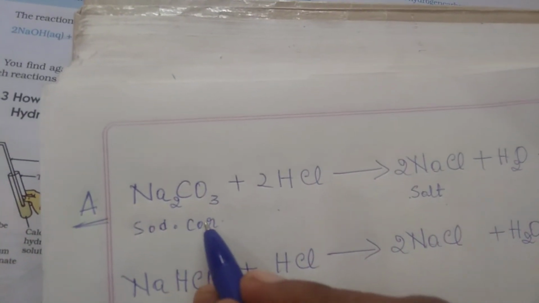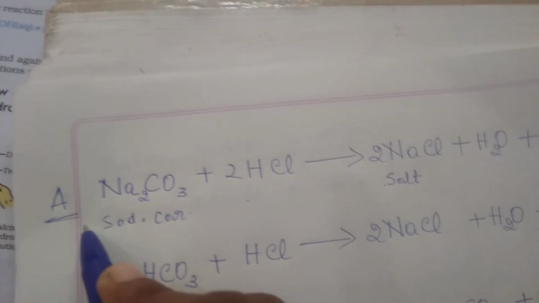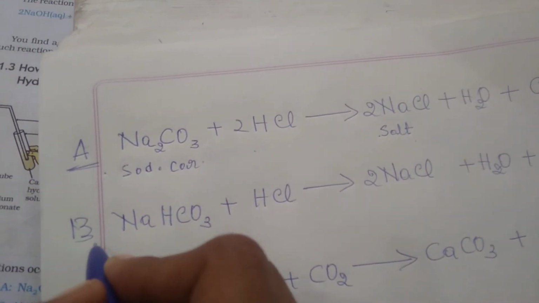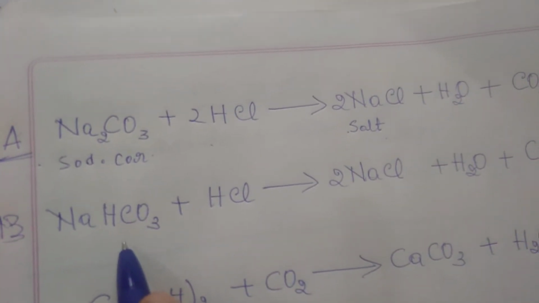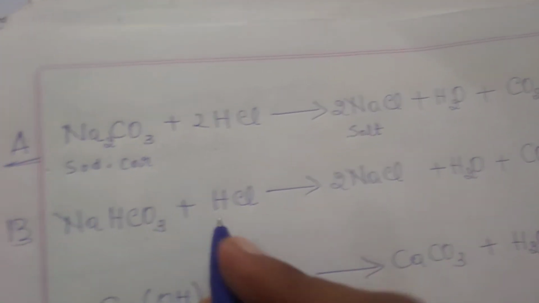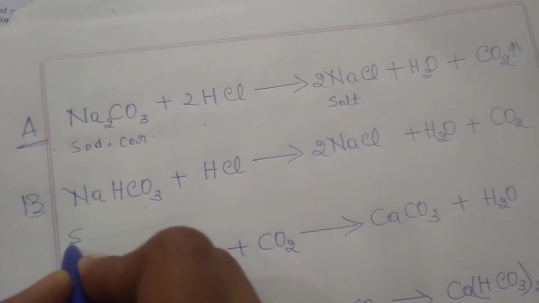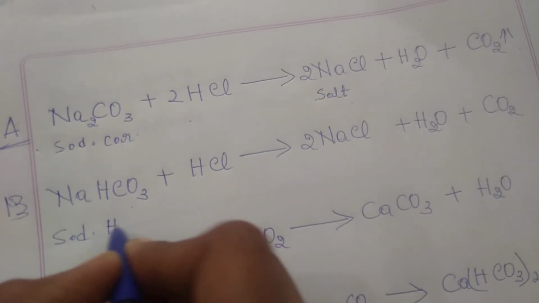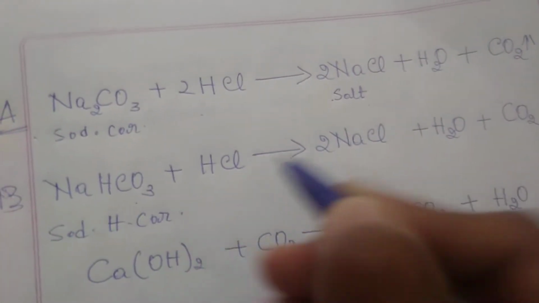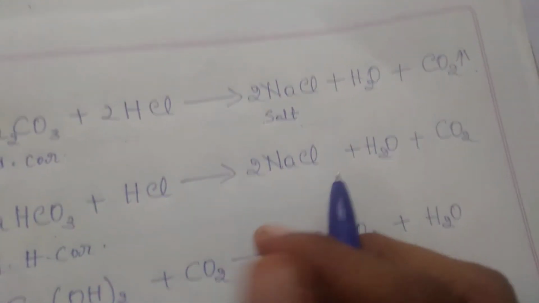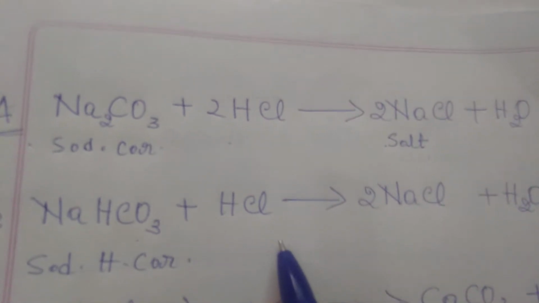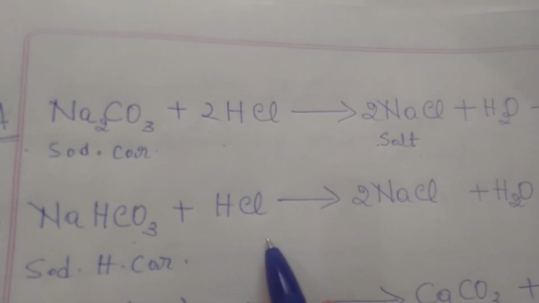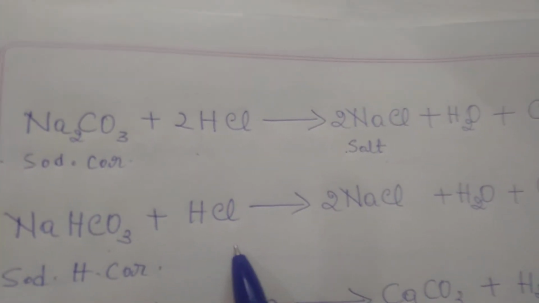We take sodium carbonate in test tube A, and in test tube B we take sodium hydrogen carbonate. Sodium hydrogen carbonate also comes in contact with the dilute hydrochloric acid through the thistle funnel.